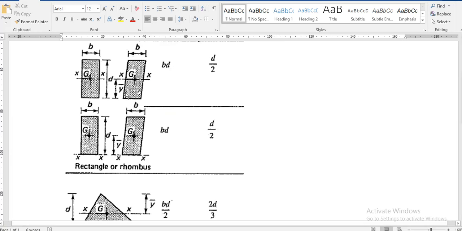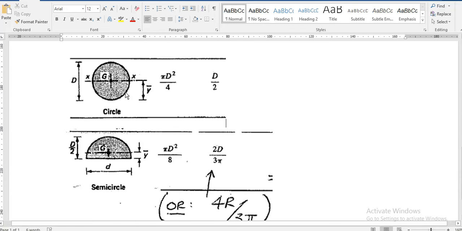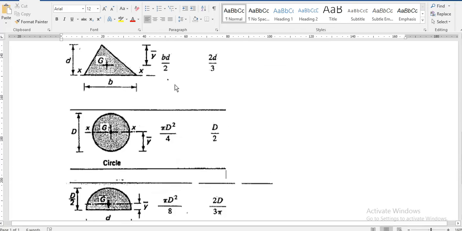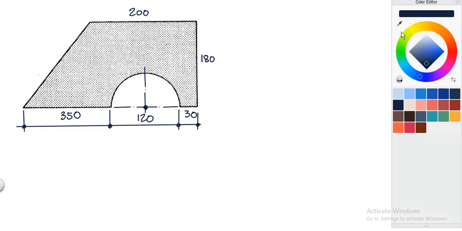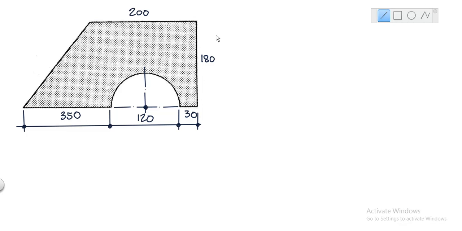So we divide it into those shapes. I'm going to divide this up into a triangle, like so. And there we have a triangle, a rectangle, and a semicircular cutout.